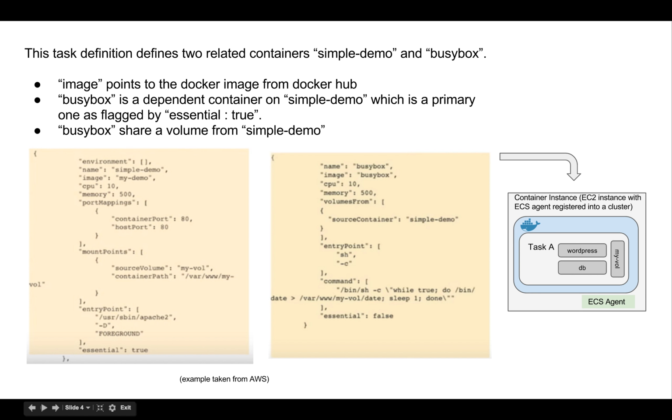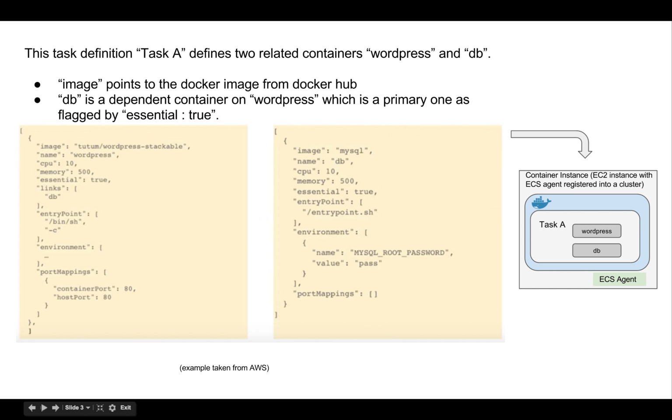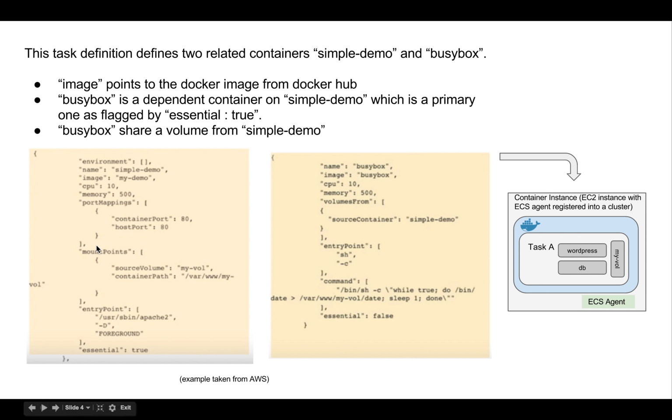Moving on, this is another example of two related containers called Simple Demo and BusyBox. And again, I've taken this example courtesy Amazon. Here, the only difference from this example is that I have shown one shared volume represented by mount points.